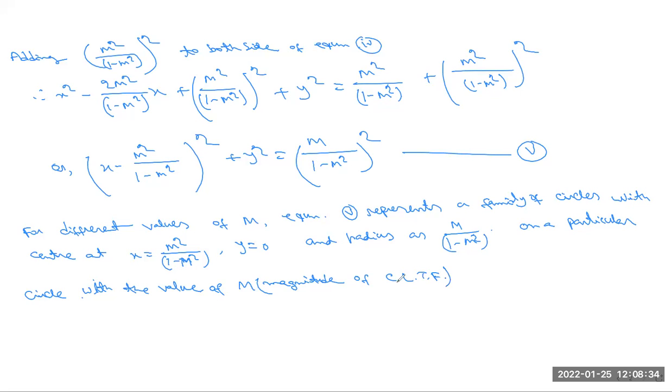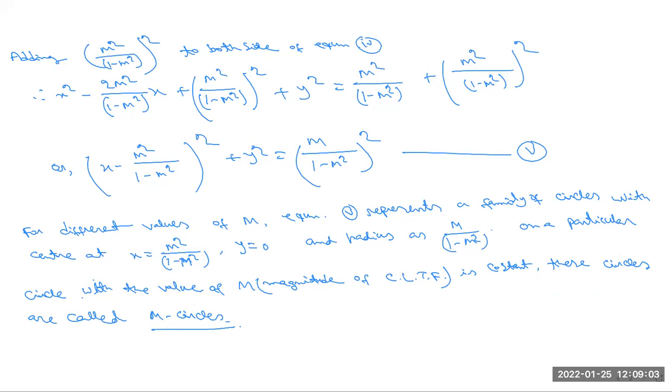We know that the closed loop transfer function magnitude is constant. So these circles are called the M circles. Okay, so this is the required M circle.